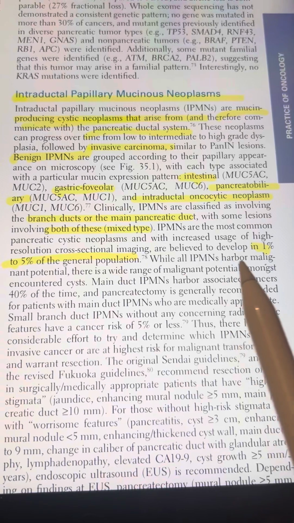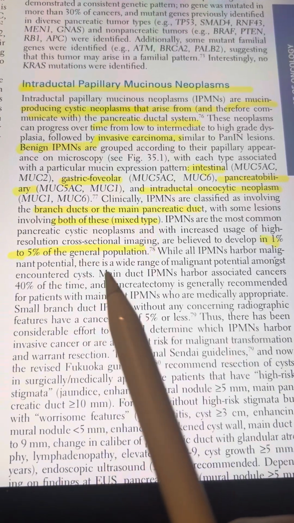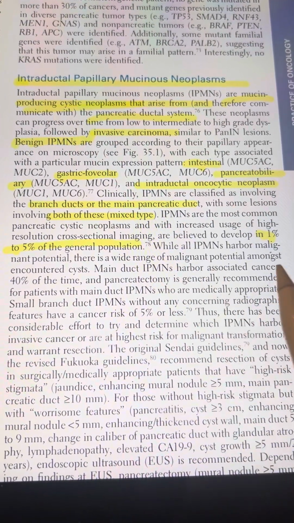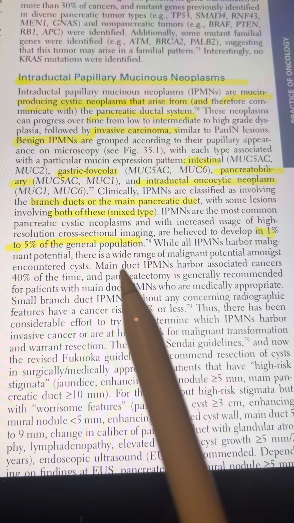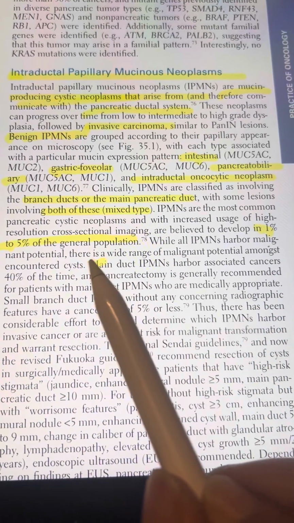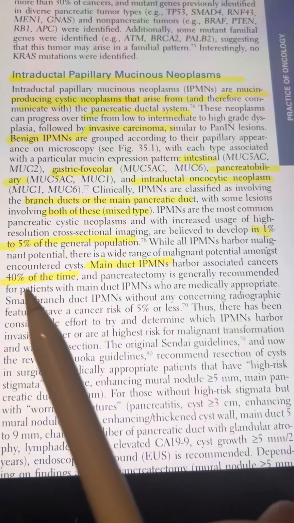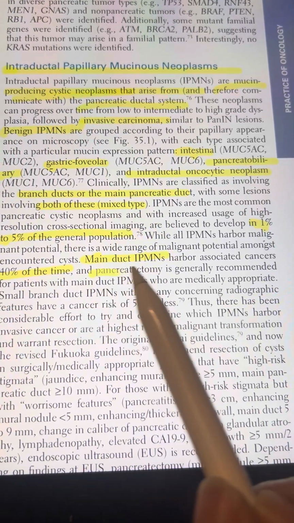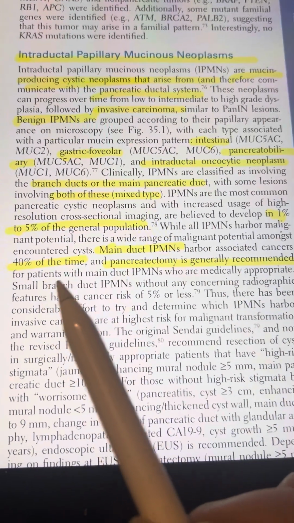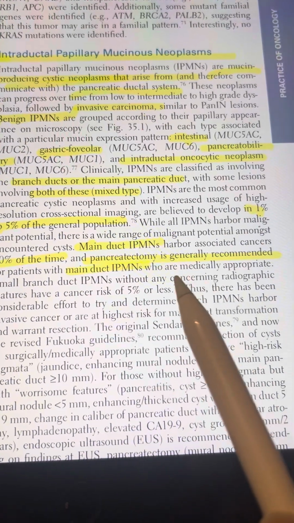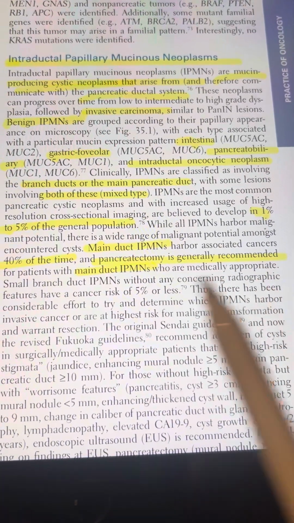While all IPMNs harbor malignant potential, there is a wide range of malignant potential among encountered cysts. Main duct IPMN is associated with malignancy about 40% of the time, and a pancreatectomy is generally recommended for patients with main duct IPMN who are medically appropriate.